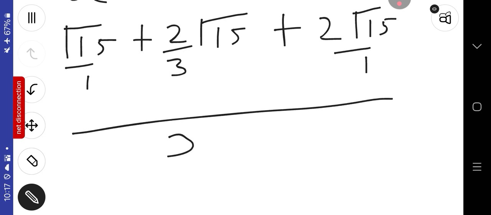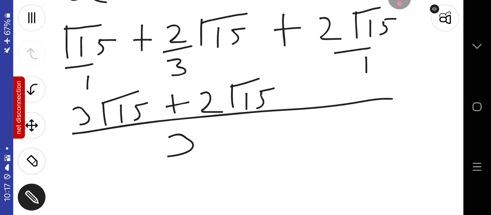Now, 1 goes here 3 times, so you're going to multiply square root of 15 by 3. And 3 goes here 1 time, so you're going to have 2 root 15, because the 1 will multiply the 2. Plus, 1 goes to 3 times, so 3 will multiply the 2, so you're going to have 6 root 15.